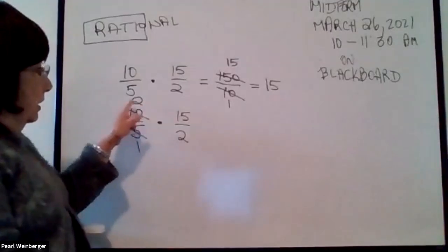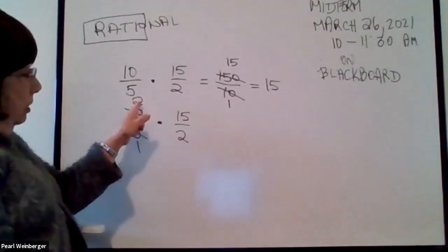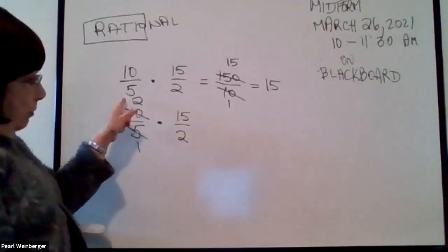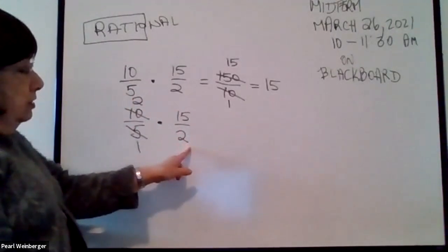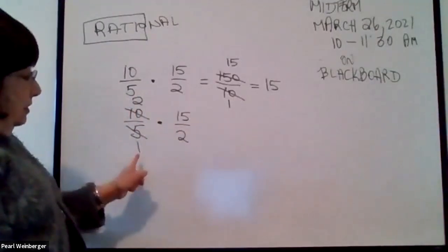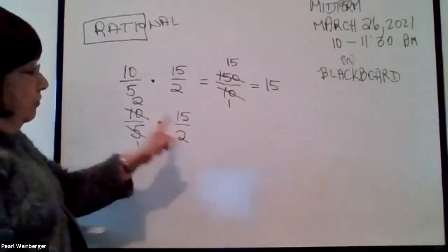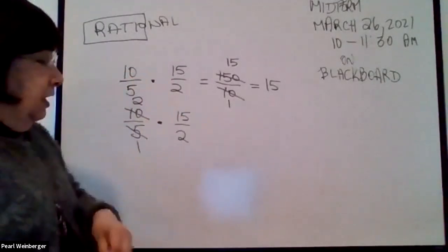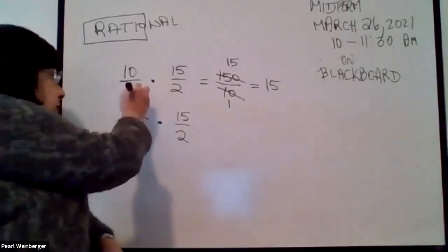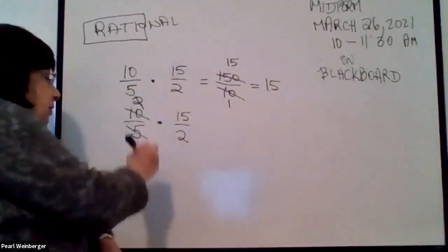I now see, I could even go further. There's now a 2 in the numerator, and there's a 2 in the denominator. It's not in the same fraction, it's in the second fraction. But remember, I said you could reduce any numerator with any denominator. So therefore, I can divide this by 2.